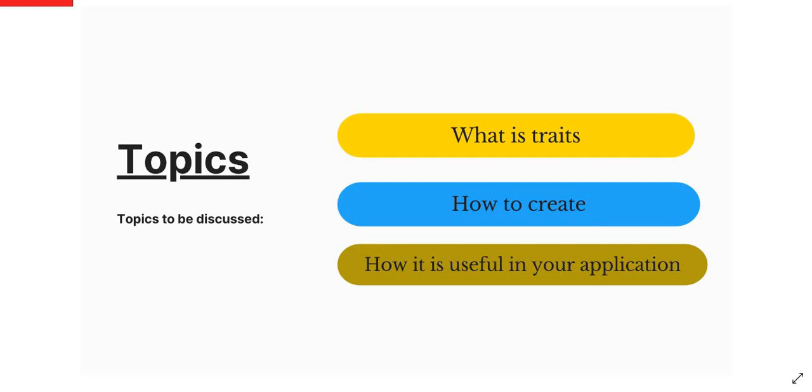So why not just create one trait, make a method there and just call that method? Whenever you have to change a condition, you make it in one place, because you are using that helper. Now let's discuss how you can create your traits.